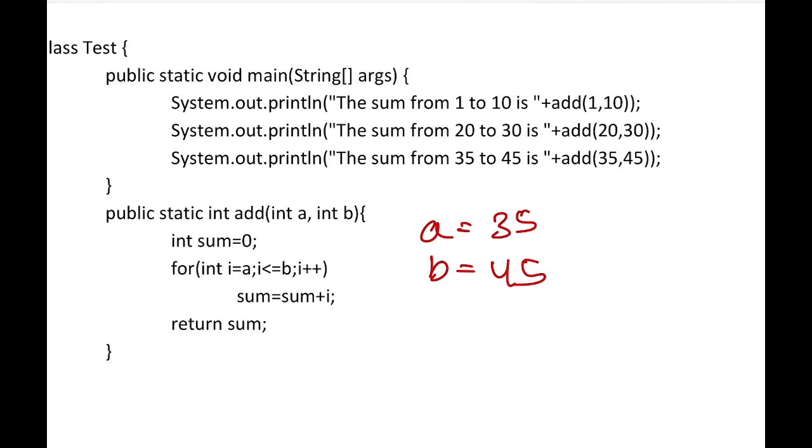So again the method computes the sum of all the integers from 35 to 45 and returns the final value of sum. When the value of sum gets returned, it gets printed here.